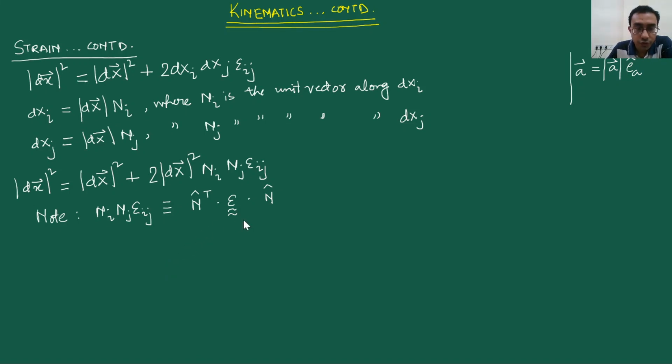If it is not very clear to you how this is coming out, you can perhaps rethink about this in terms of components like this: n1, n2, n3.